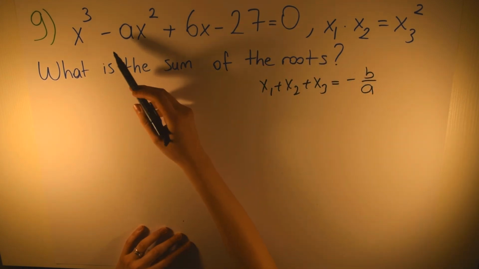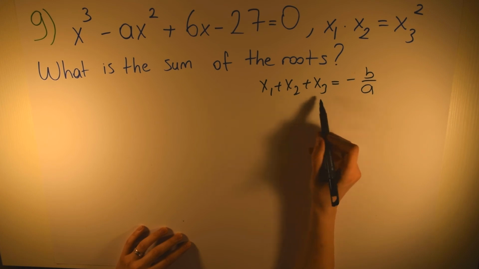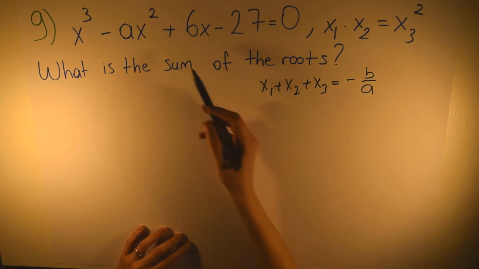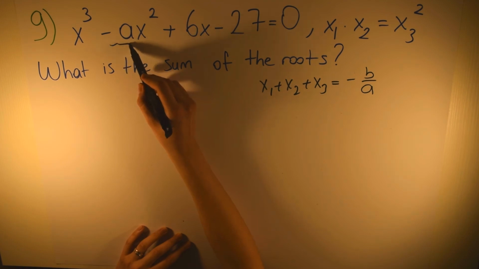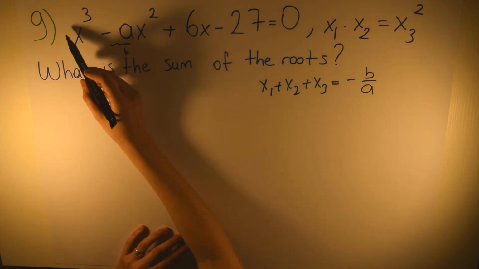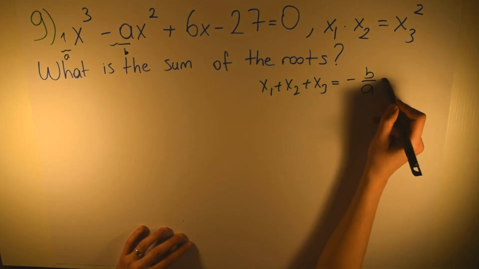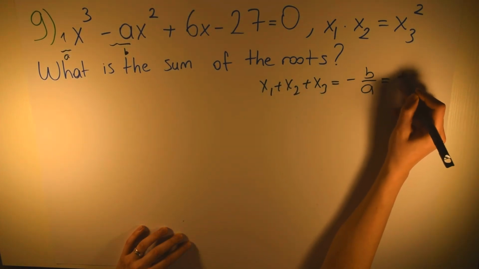Since this is a cubic equation, it should have 3 roots. So what's minus b over a? Here minus a is our b and a is equal to 1. So minus b over a is equal to actually positive a.